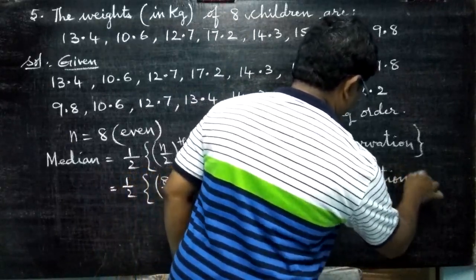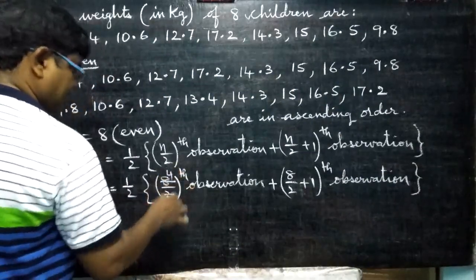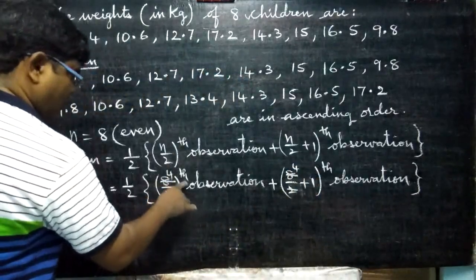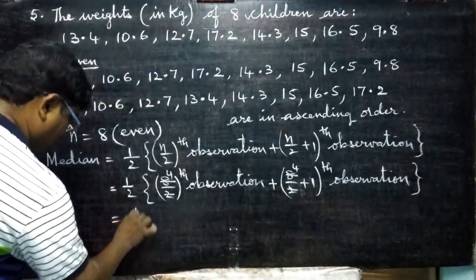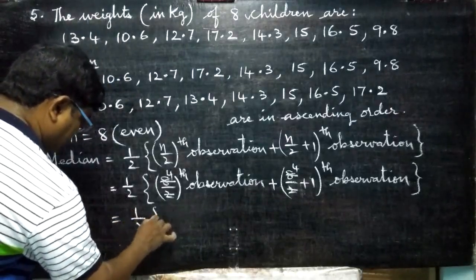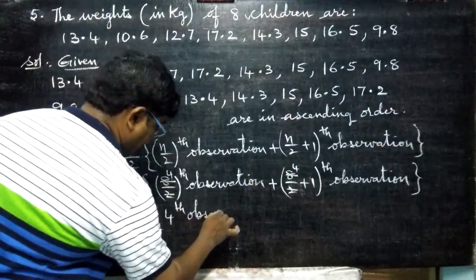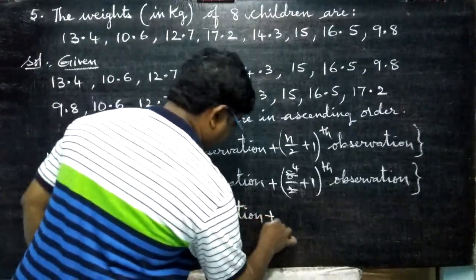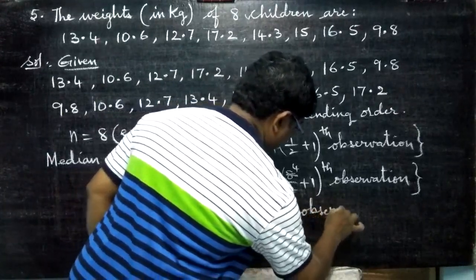2 goes in 8 4 times. Here also 2 goes in 8 4 times. Fourth observation plus 4 plus 1, fifth observation. So half of the fourth observation plus the fifth observation.